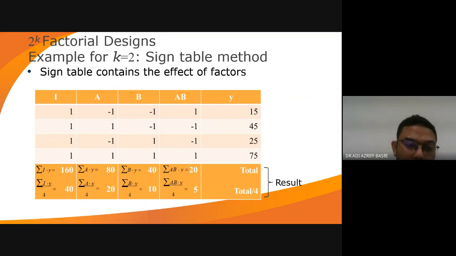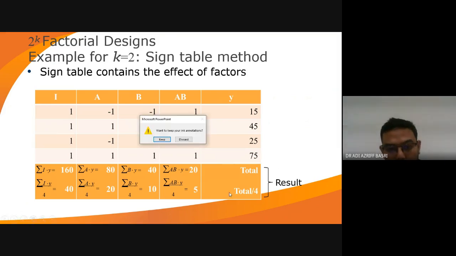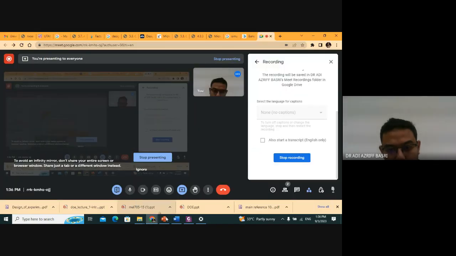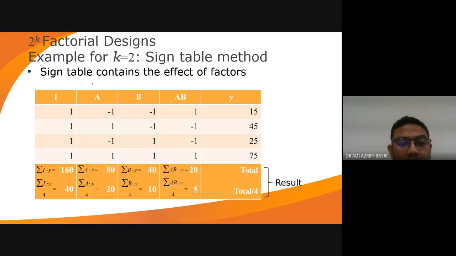Okay, this is an example for the 2^2 sign table method. For the sign table method, the sign table contains the effect of the factors. You have, for example, I, A, B, AB, and Y. In this case, for example, you have y is 15, 45, 25, 75.